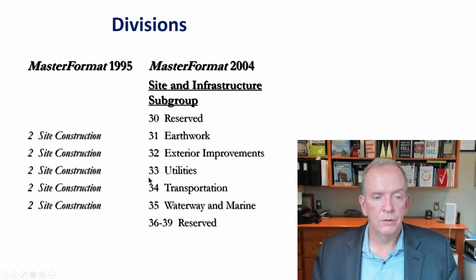That's only if these apply, right? So some of these won't apply to your project, but some will. And before it was all under number 2, so the existing part that still stays is under number 2 under the new format, but these other areas are broken out separate. And of course 31 is going to get a lot because every project's going to have a lot of the earthwork side of construction.